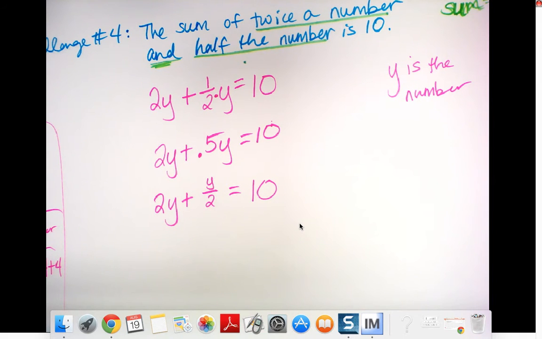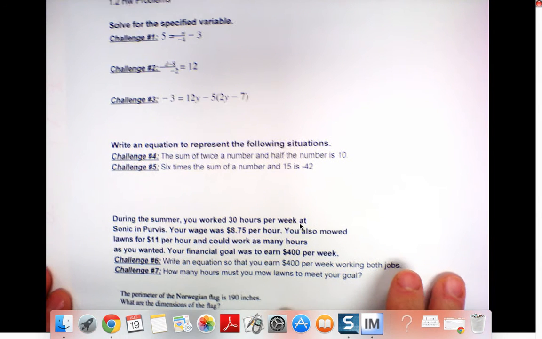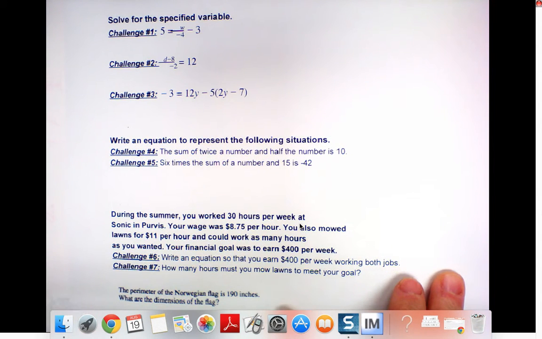Okay? Challenge 5, challenge 5 is, I'm just going to put my paper under here. 6 times the sum of a number and 15 is negative 42.